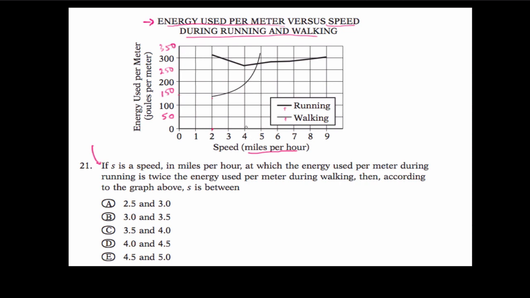This line is for walking. But if the person is running at 2 miles per hour, the energy being used is around 330 joules per meter.